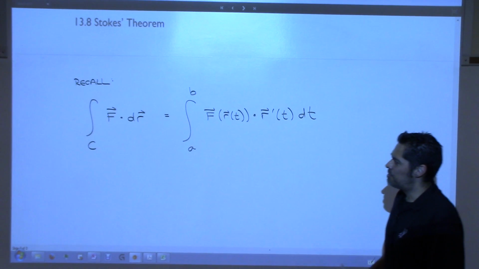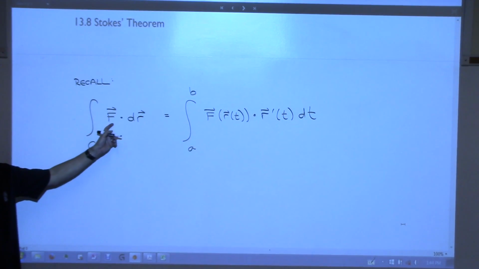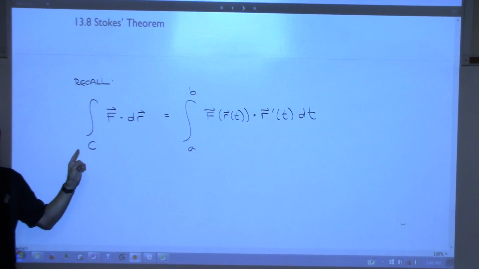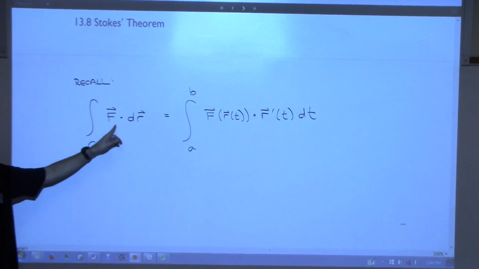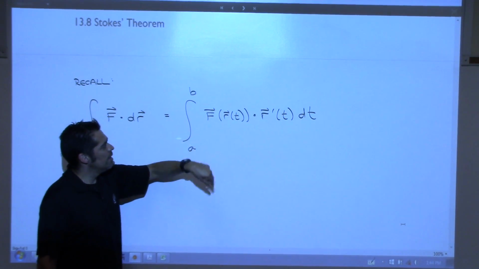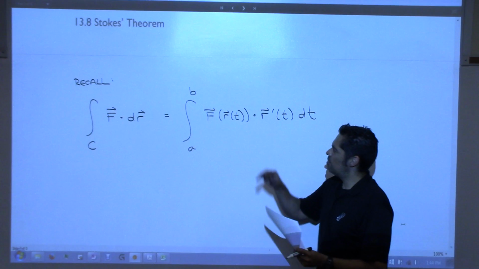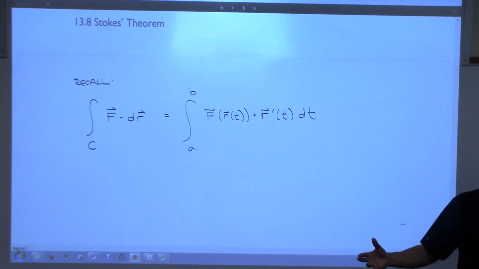So when we had a line integral and a vector field, we found a parametrization of C. So we found a way to draw the curve, and we call that r of t. And then we evaluate the vector field at each of the points on the curve. We dot that with the derivative, which is like a tangent vector to the curve, and this somehow gave us our line integral, right?